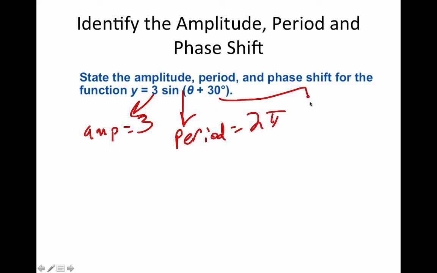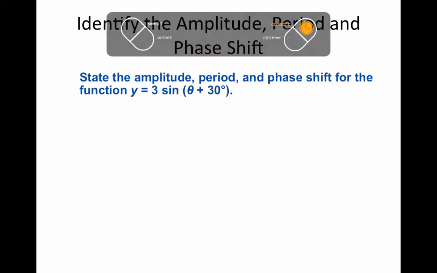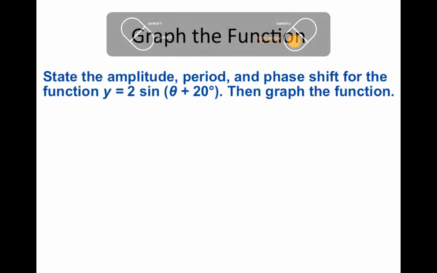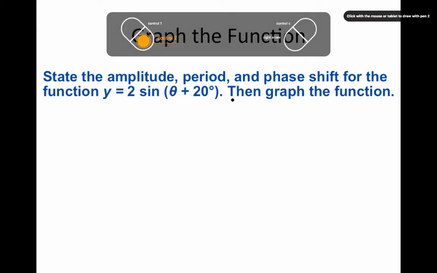And then my phase shift, now remember, this comes from y equals a times sine b theta minus h. So my minus h is really left 30 degrees. It's going to move the whole thing left 30 degrees because of the plus. It's minus a negative. Same thing. Again, amplitude should be pretty easy to identify.